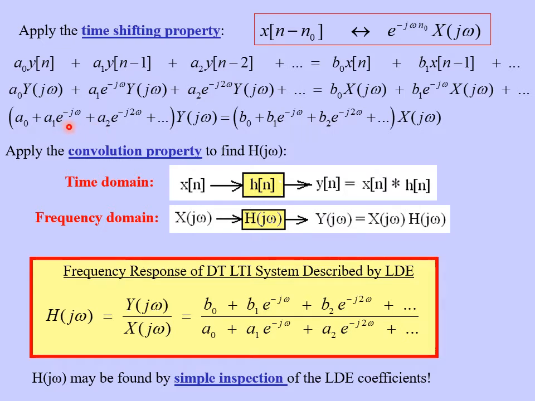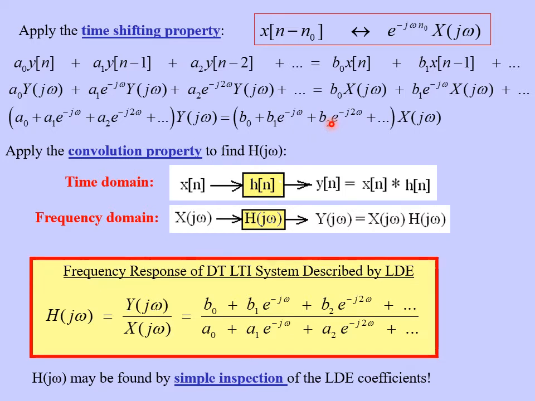So a1 has a delay of e to the minus j omega, a2 has the delay e to the minus 2j omega. So we're just doing some basic algebra here, nothing that difficult. And then likewise on the right side, we can factor out the x of j omega because every term will contain that. So here's the x of j omega factored out, and what's left inside the parentheses are all the b coefficients and the delay terms that are associated with them.